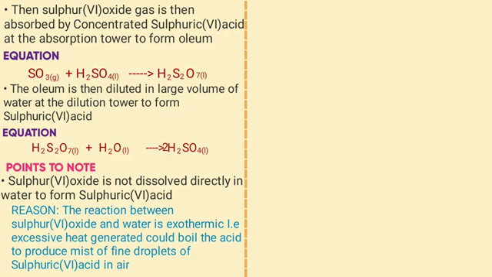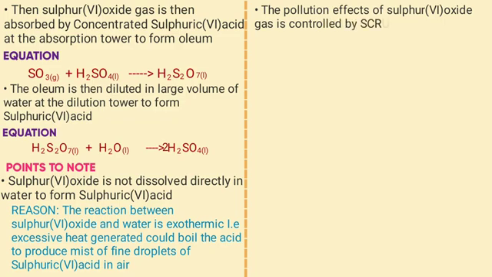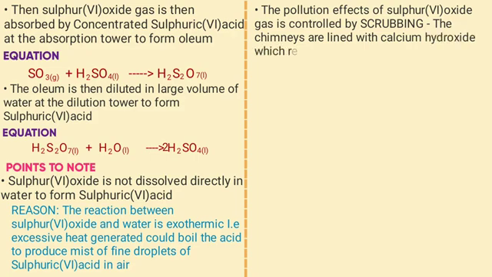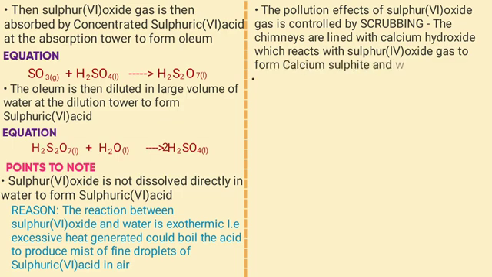Point number 2, the pollution effects of sulfur oxides are controlled by scrubbing. That is, the chimneys are lined with calcium hydroxide, which reacts with sulfur oxides to form calcium sulfide and water. Now, the yield of sulfur (VI) oxide is always higher at low temperatures.